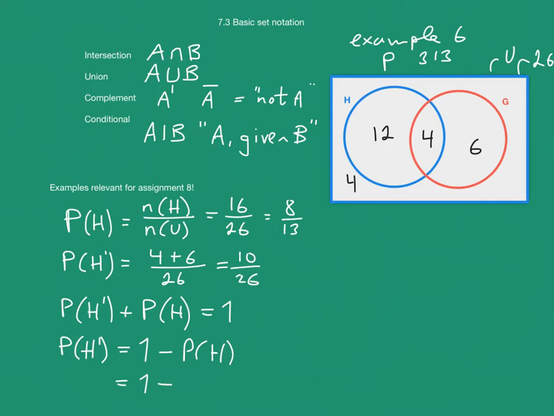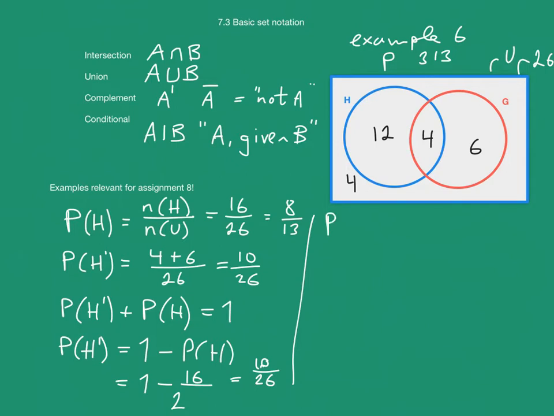So that's going to be 1 minus 16 over 26, which is 10 over 26. So there are two ways of doing that.